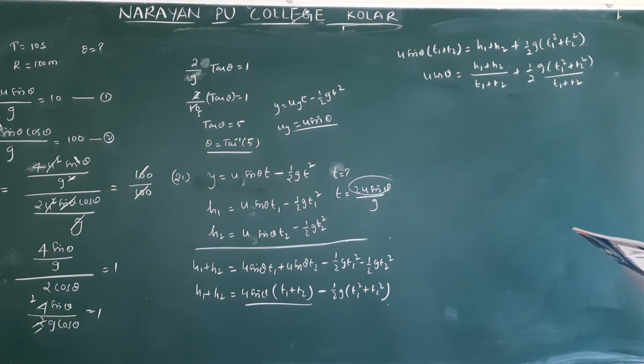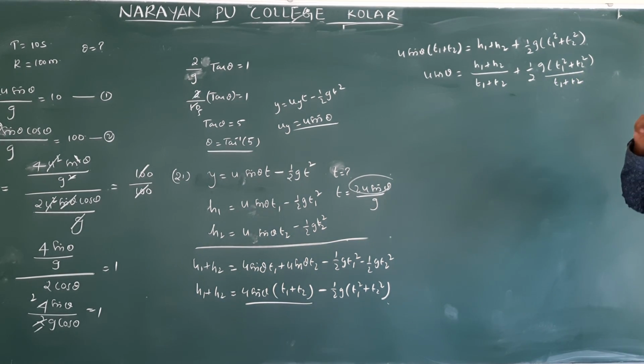Then for g we got 1 by g, t is equal to 2 times (2 h1 plus h2) by t. This we do not have. Clear?